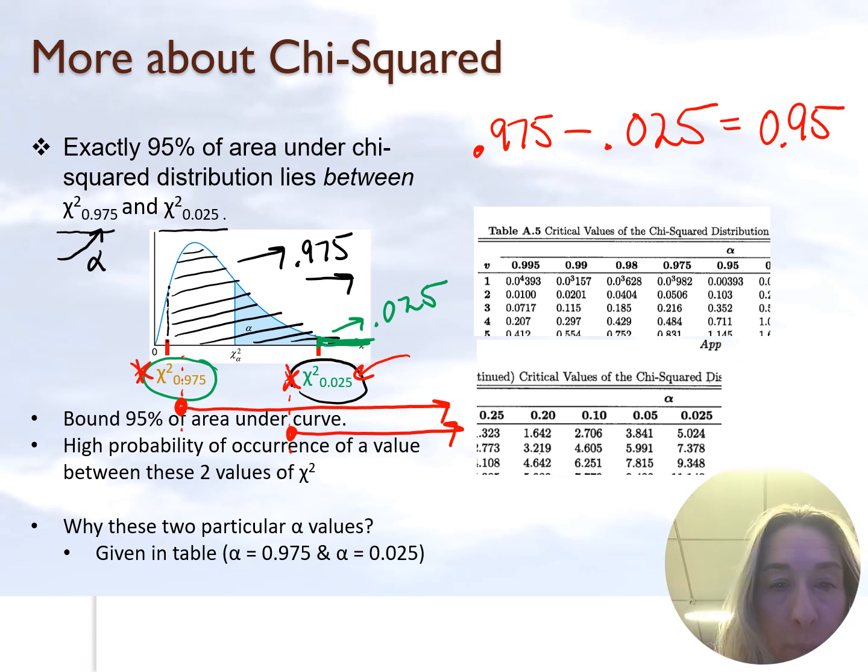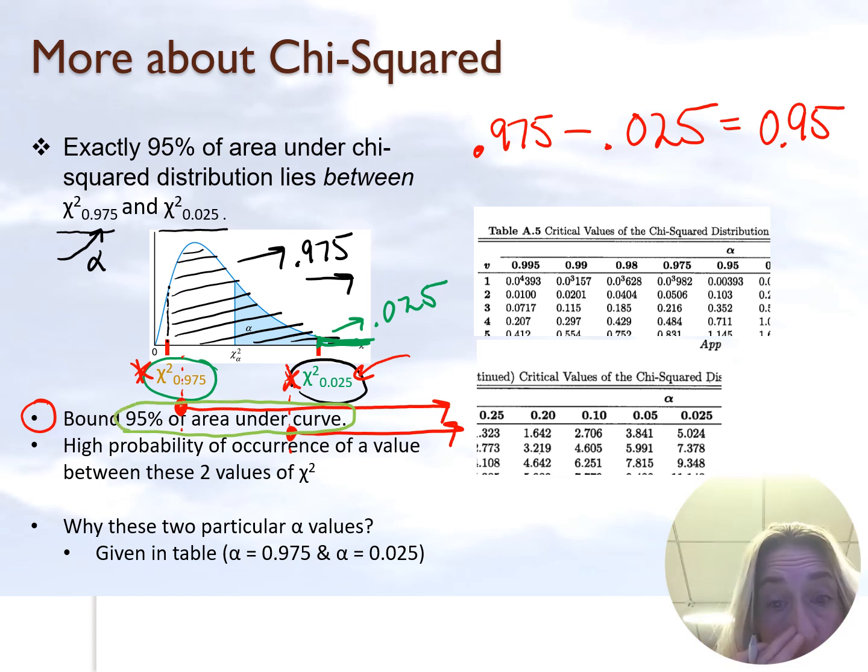Why this is significant is that these two critical values bound, if you will, 95% of the area under the chi-square curve.